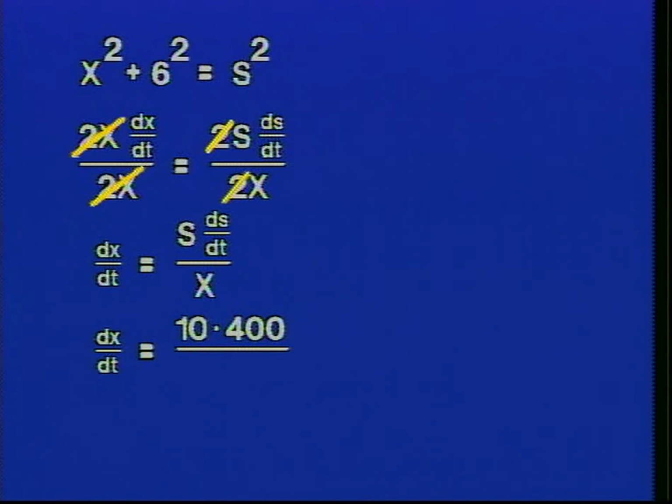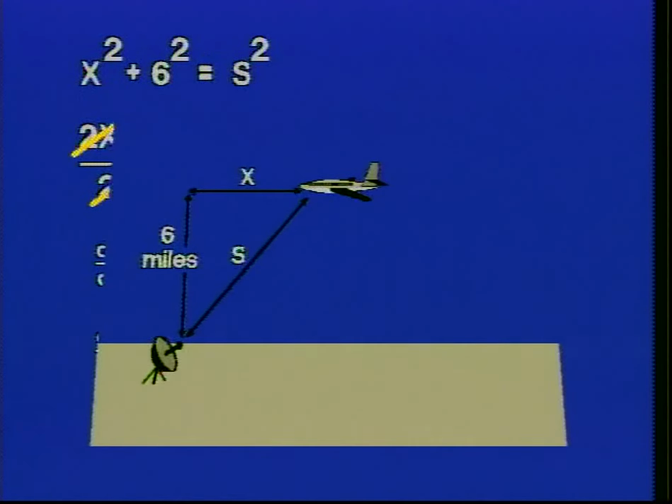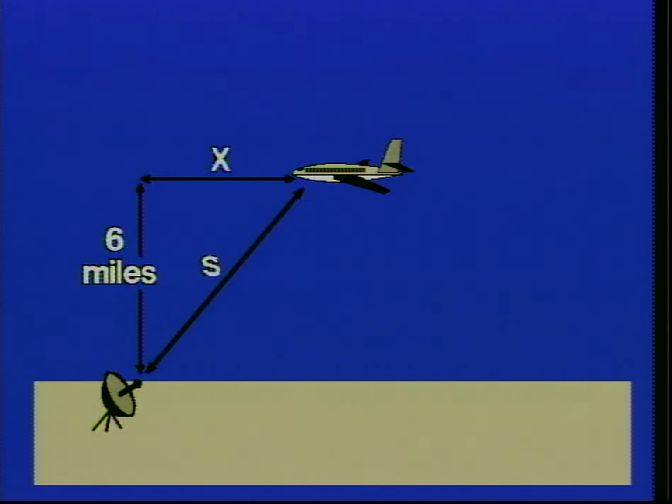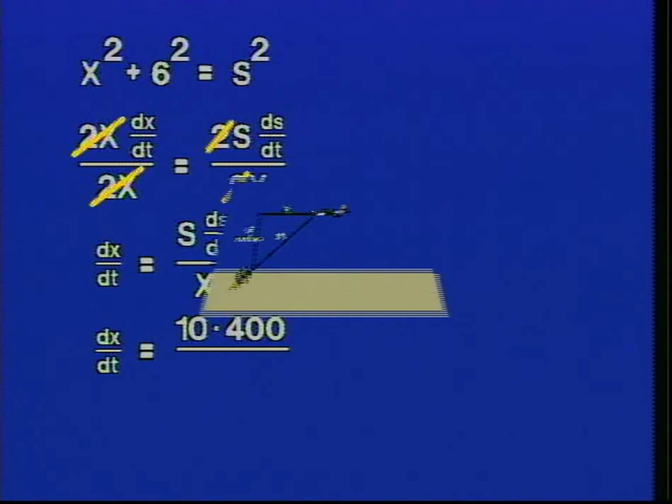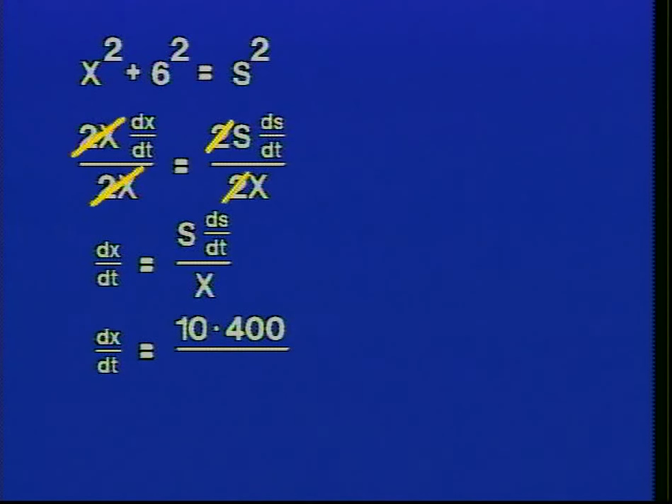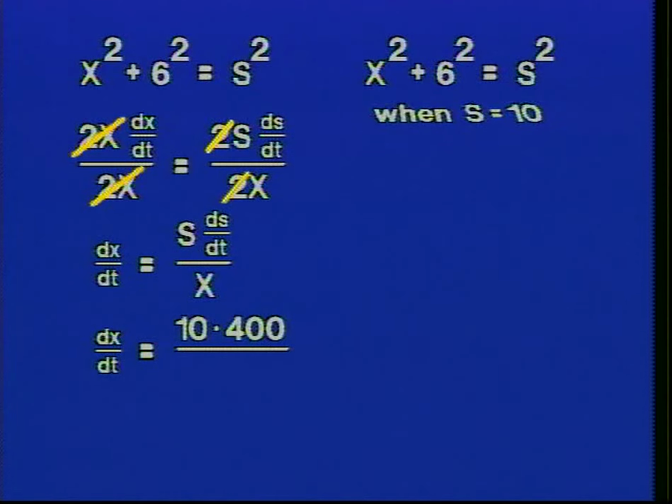Now, the x is an interesting matter. x is this part at the top, and we can actually make a calculation for x at a moment in time when s is 10. So we can let s be 10 and solve for x. We can do that by taking this relationship at the top and making the replacement for s.